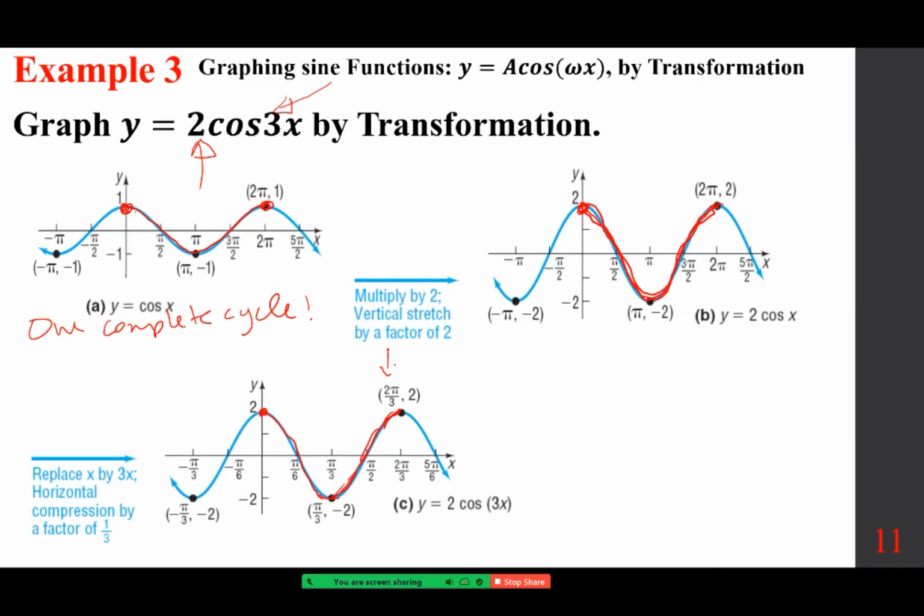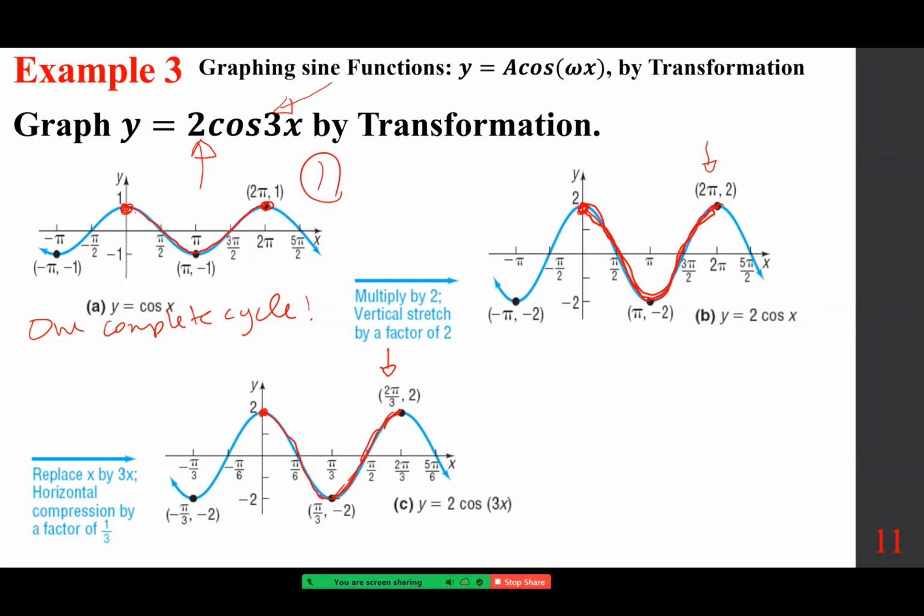And specifically, if you look at this one versus this one, the period of 2 pi has changed to 2 pi over 3 as a result of that number. And that means compression along the x-axis, the horizontal axis. And now you have 2 cosine 3x.